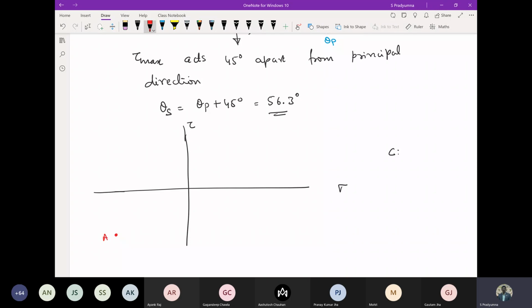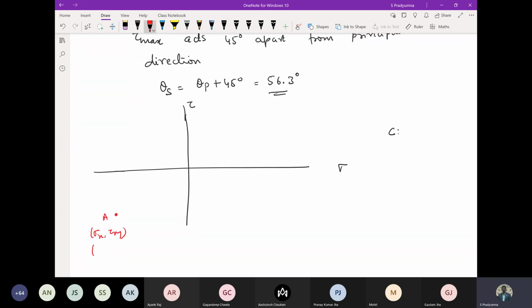This is point A. Sigma x comma tau xy, that is equal to minus 64 comma minus 20, and point B is sigma y comma minus tau xy.